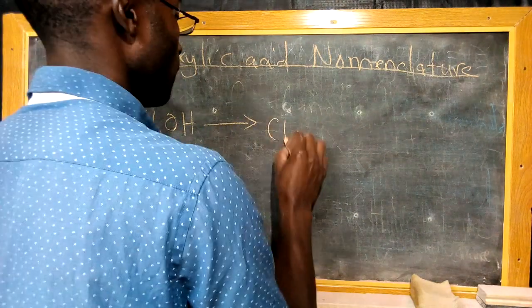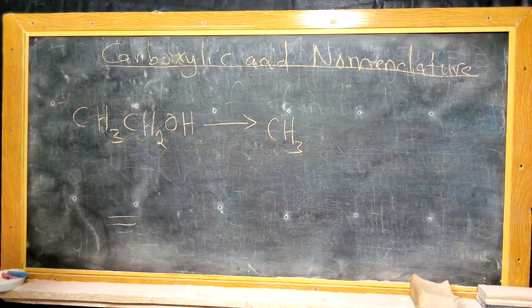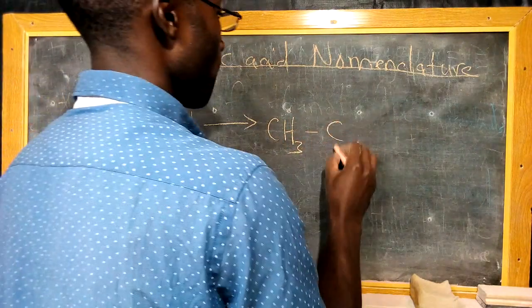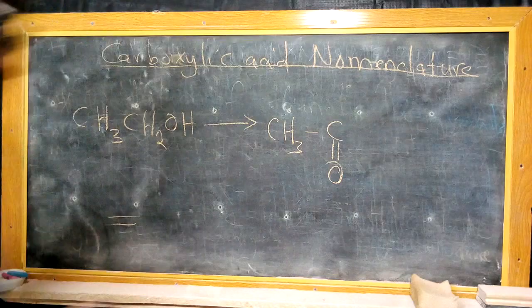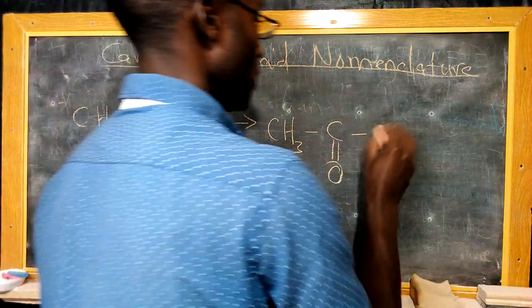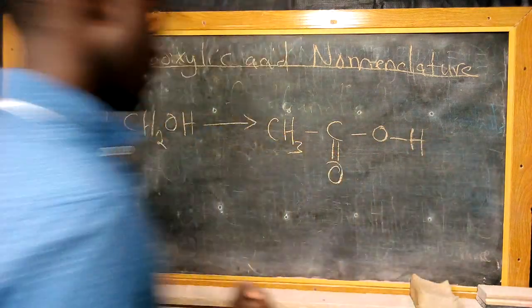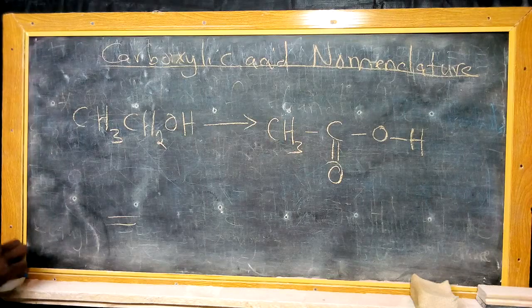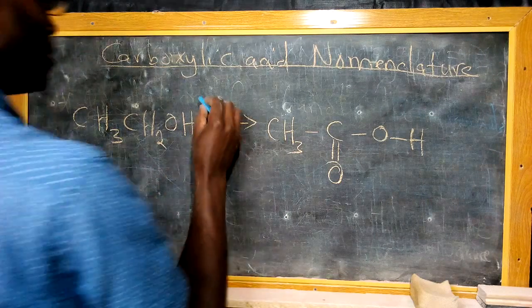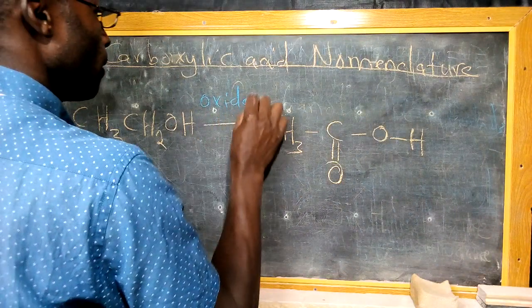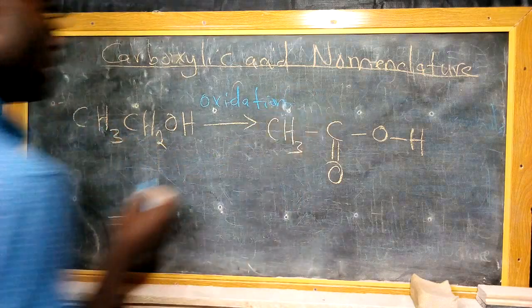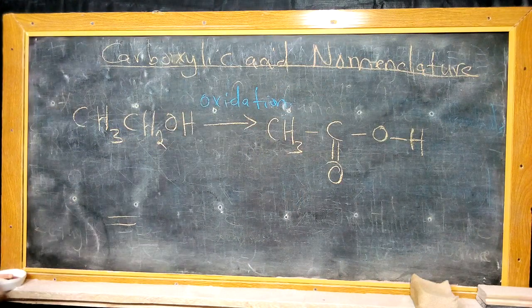So this one produces this kind of acid. In the middle here is a process known as oxidation that is taking place, and we shall look at this in relation to what I've talked about, gain or loss of oxygen.